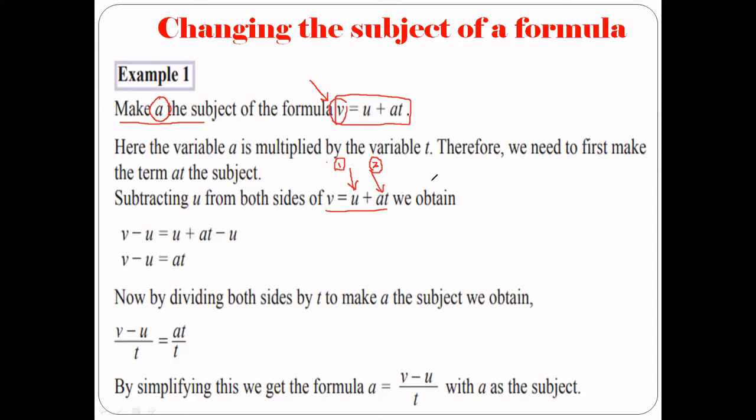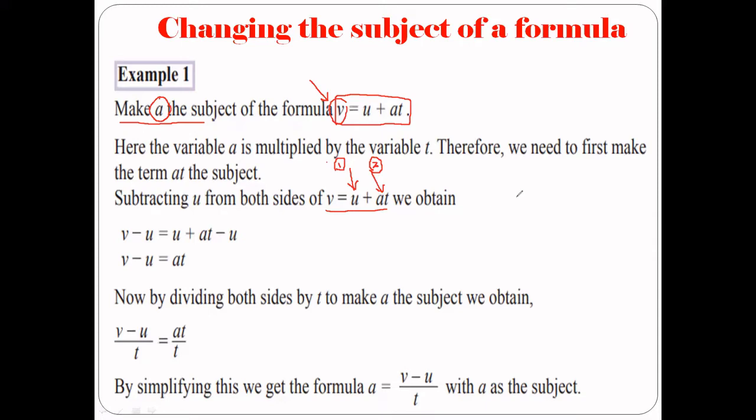We want to make A the subject, so don't do the calculations in this part. First you have to remove this U. We want to keep only A on the right hand side. Remember that is our goal. So remove U first.